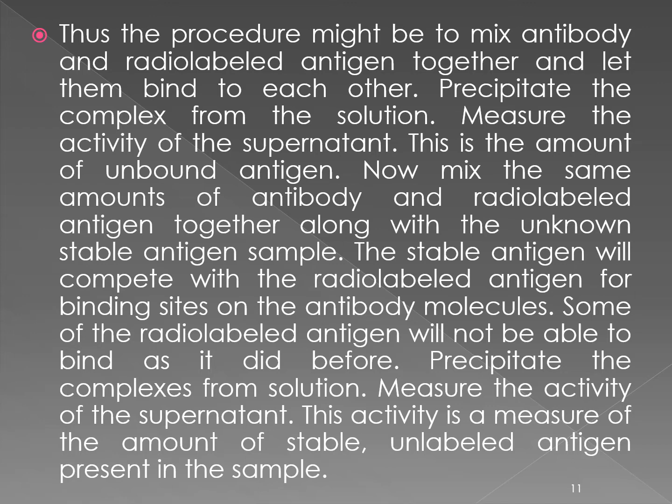Now we will discuss the procedure, how this antibody, antigen and radio labeled antigen mixing occurs, and how the activity of the stable unlabeled antigen present in the sample can be measured. First of all, we mix the antibody and radio labeled antigen together and allow them to bind to each other.